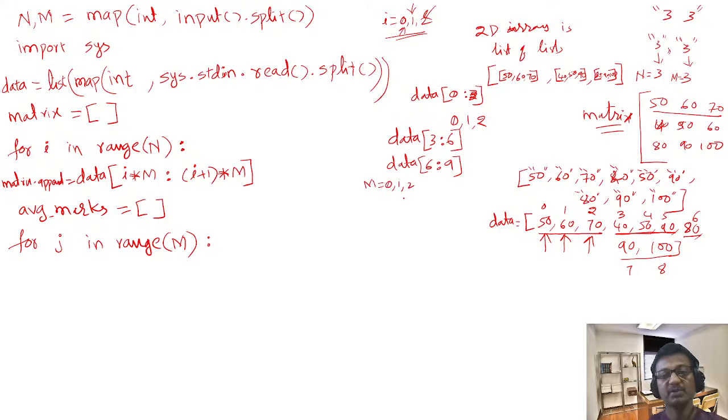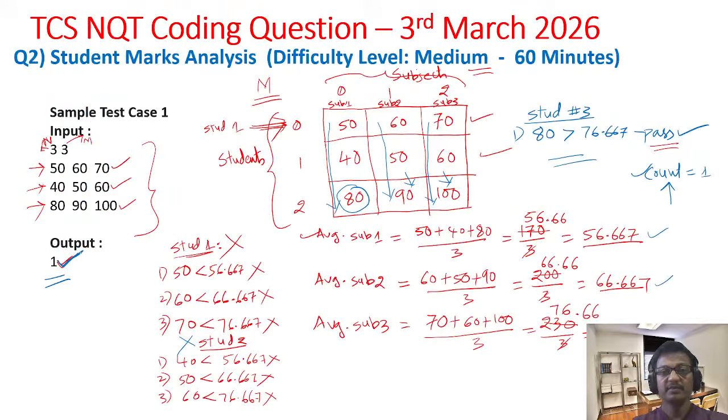Column 0, column 1, column 2, I am getting this here. Once I get the column number available with me, I should just go on accessing this.